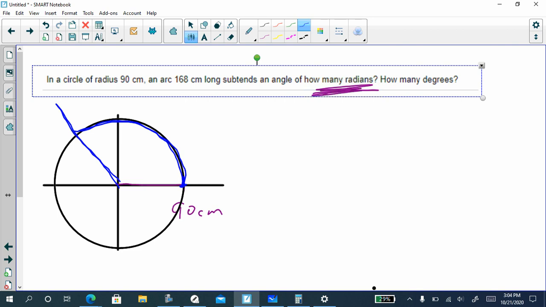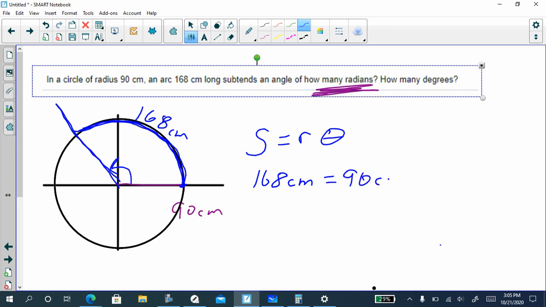Remember, the distance and the angle in radians are related. So the formula to relate arc length and the angle is S equals R theta. The arc length, in this case 168 centimeters, equals the radius 90 centimeters times theta.